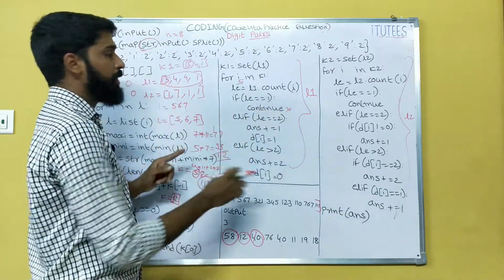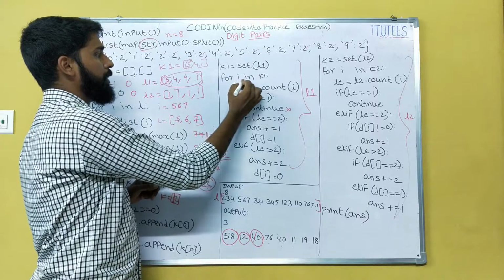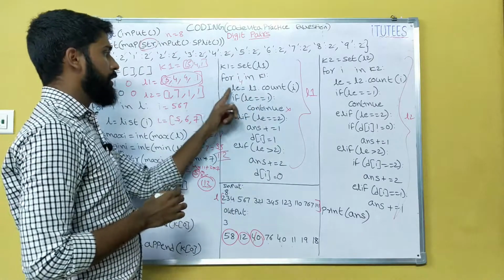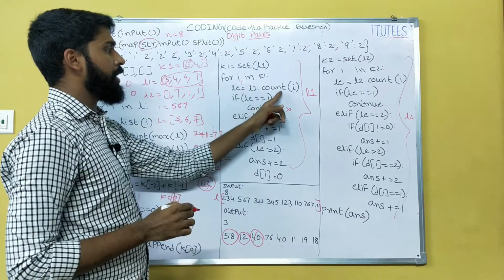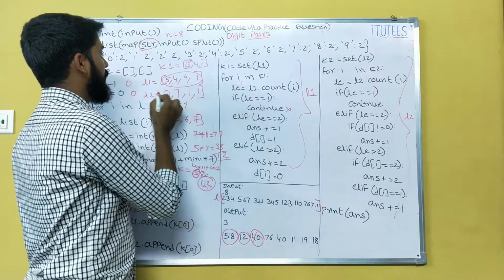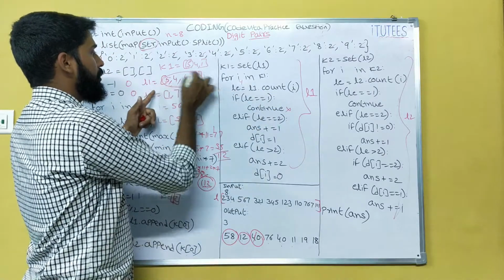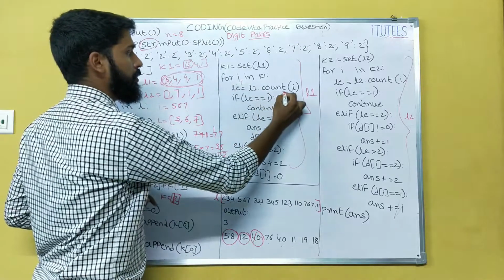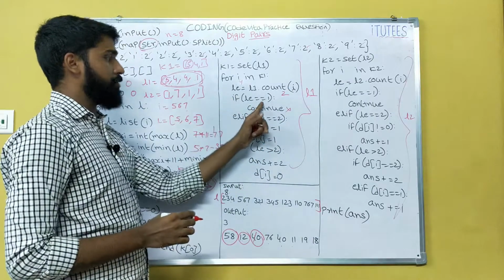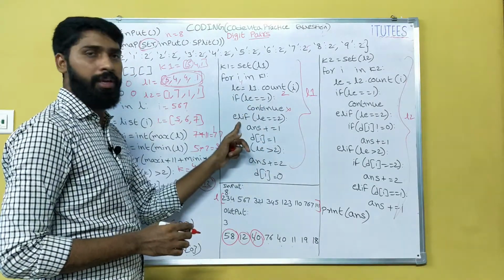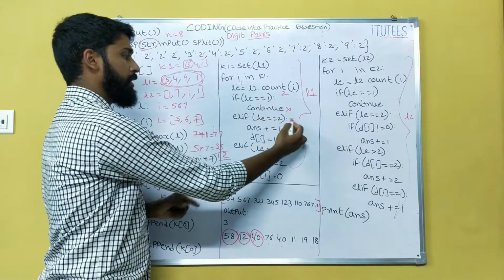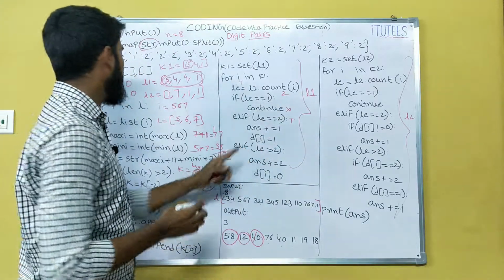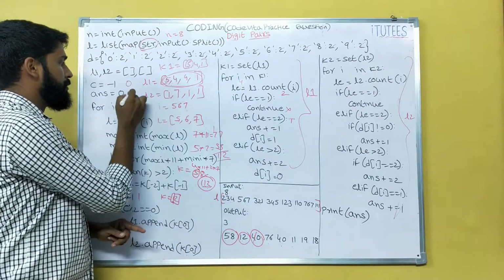So continue. In the next iteration, I becomes 4. L equals L1 dot count of 4. How many 4s? 2 4s. L equals 1? No. Go to here. L equals 2? Yes, it is 2. So answer equals answer plus 1. That means it is 1.